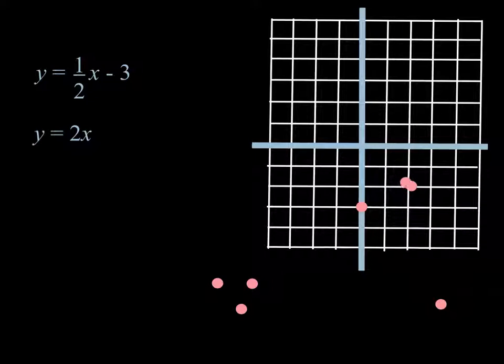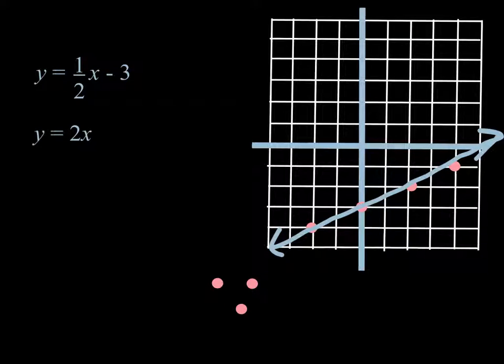Another point will be up 1 over 2. To go the other direction, I would go down 1 to the left 2. That's still the same slope. Okay, so now to draw that, I draw a line through those points, putting arrowheads on the ends, and there's my graph.